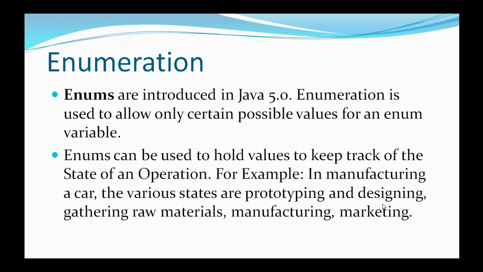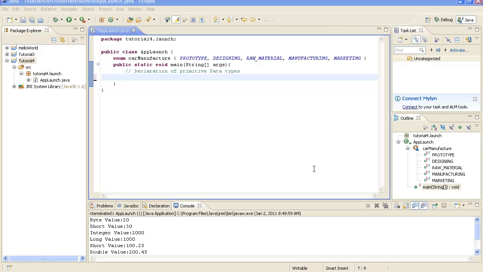Enums can be used to hold values to keep track of the state of an operation. For example, in manufacturing a car, there can be various states such as prototyping, designing, getting raw materials, manufacturing, and marketing. Every state can hold.